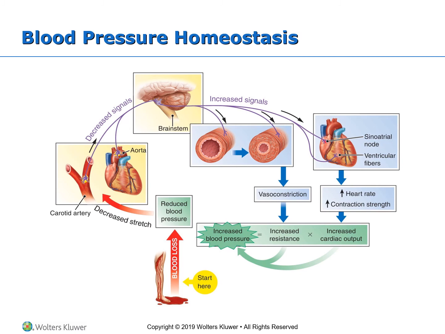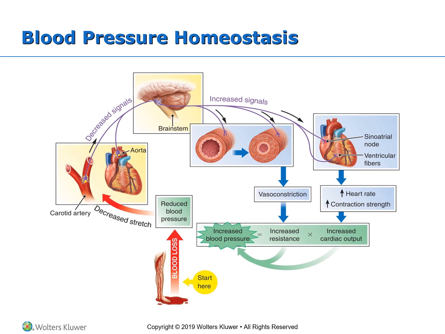Those receptors will decrease transmitting signals to the medulla oblongata in the brainstem. As a result of that, another center in the same place, the stimulating sympathetic center, will increase the signals through the sympathetic nervous system to the blood vessels, creating vasoconstriction, reducing the diameter of the blood vessels, and signals to the heart, increasing the number of contractions per minute by stimulating the sinoatrial node.